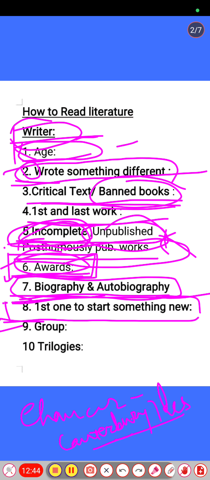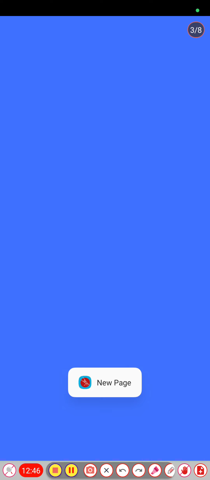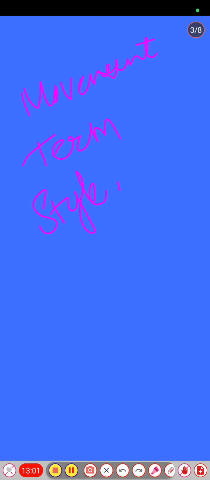It means if the author is the first one who has started something, it could be a movement that he or she has started, a term that he or she has coined, a style, or a phrase that he or she has used for the first time.